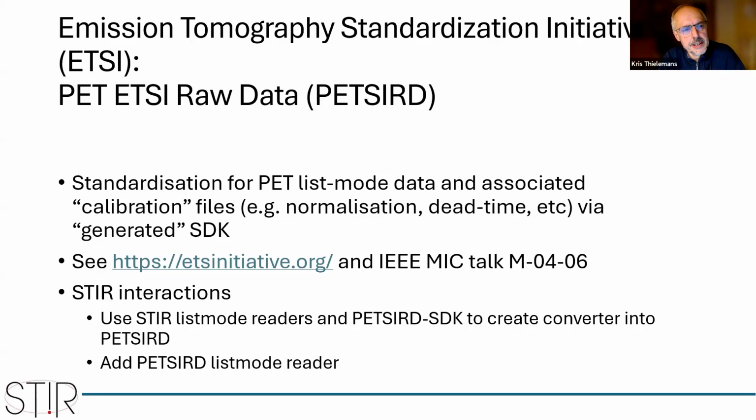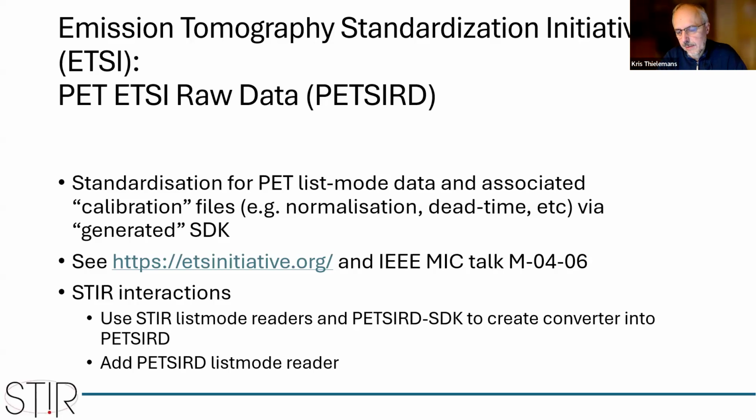And the ETSI tries to establish a standard for PET list mode data so that we don't have to do this anymore, which is not just for STIR, obviously, it would be beneficial for everybody. So in particular, the existing formats that STIR already supports, we can then use that to write a converter. So you use STIR as a converter to output PET-ETSI data.